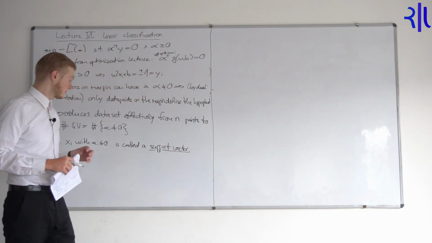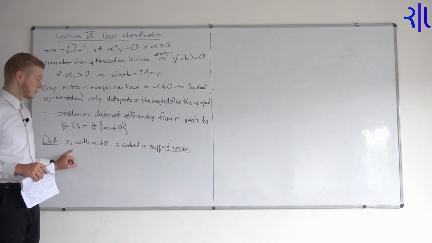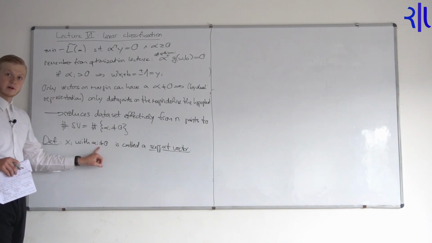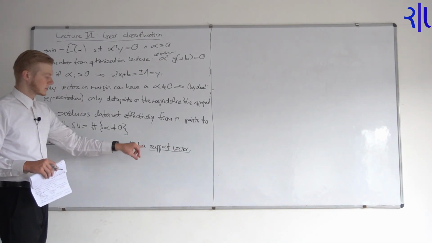So we call a data point xi, where the Lagrange multiplier is unequal to 0, a support vector.